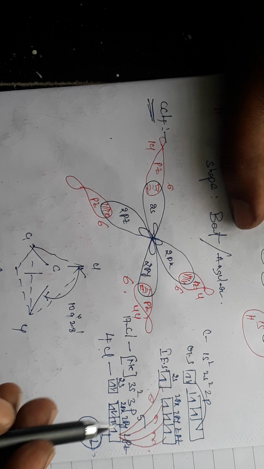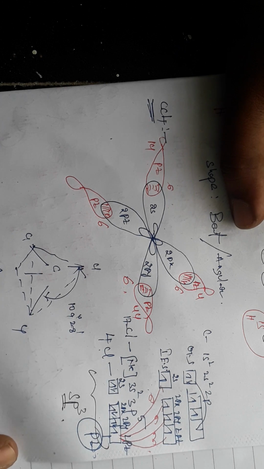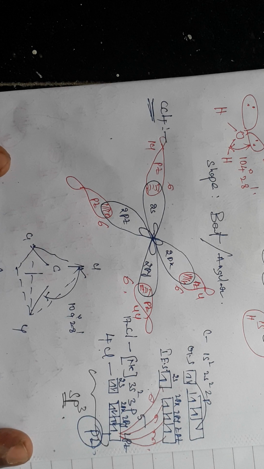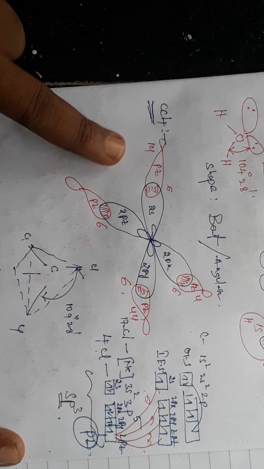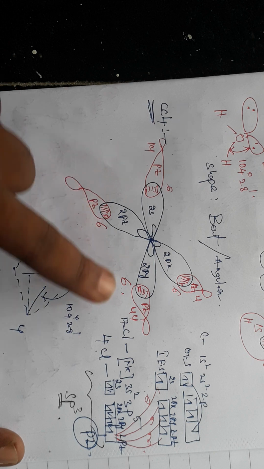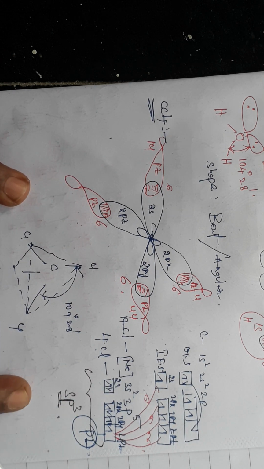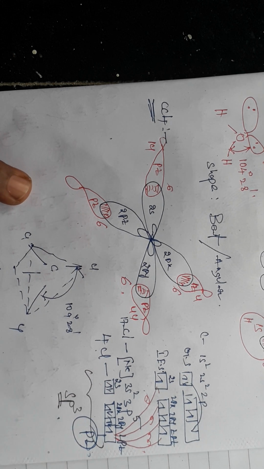The hybridization is sp3. All 4 bonds are sp3 hybridization. It gives the bond angle like this. These are the orbital structures of CCl4, its electronic configuration and excitations, and how they are intermixed with each other. This is the sp3 hybridization.